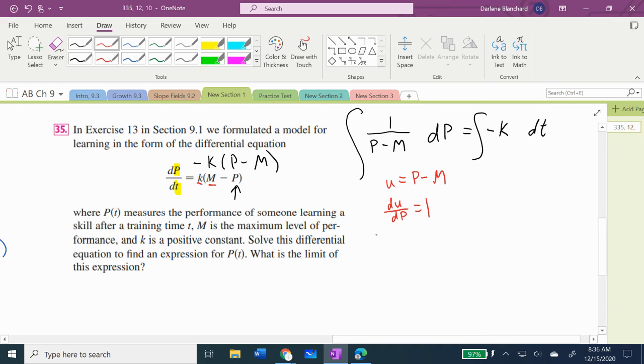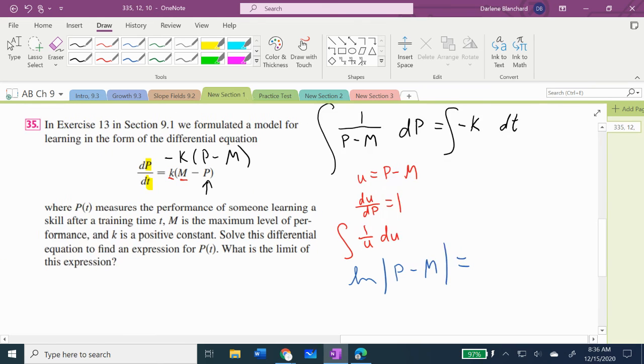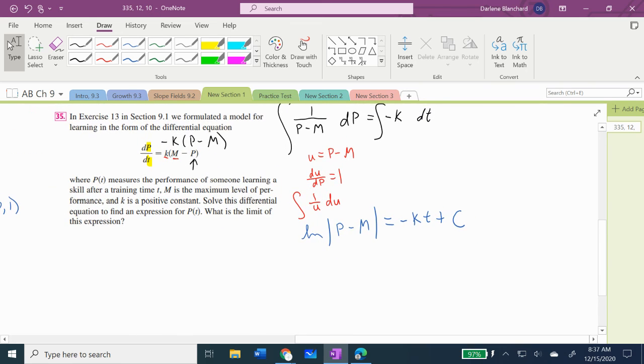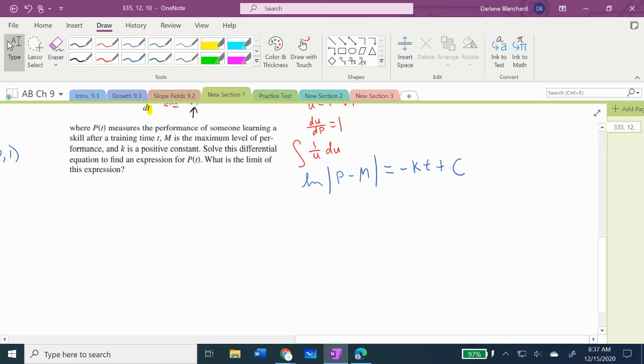That means du is equal to dp, and this is now just 1 over u du. When I integrate, I end up getting the natural log of the absolute value of u. On the right side, I integrate a constant with respect to t, and I get that constant times t plus unknown constant c. Now, I want to isolate p, so I'm going to e to the power both sides.